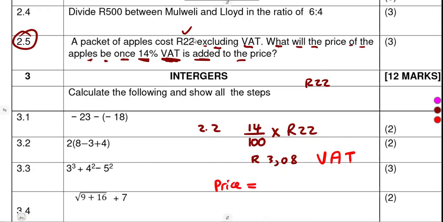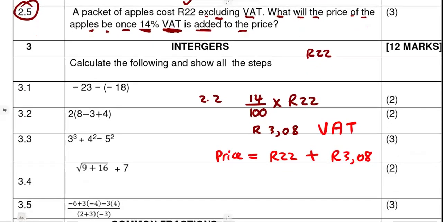We had previously 22 Rand. But we must add this tax, which is 3,08. It is the amount that is added, that percentage that you calculate, it must be added to the original amount. You were supposed to buy something at 22 Rand, but because of that tax, they put that amount on top. So you must add it.